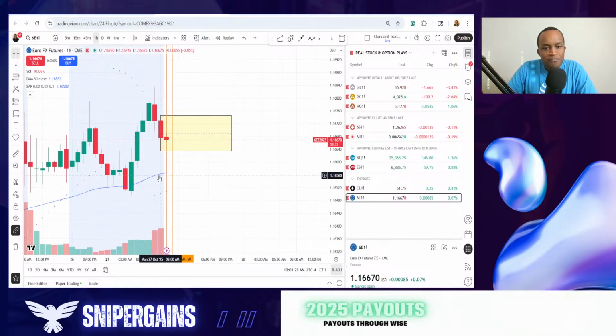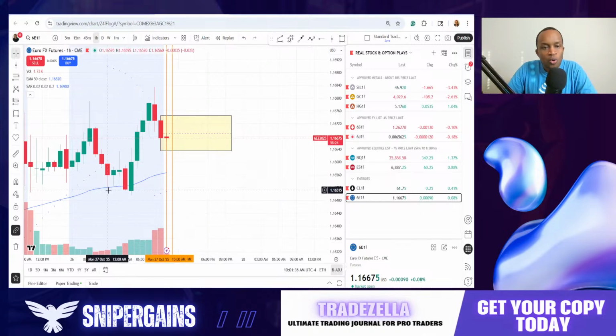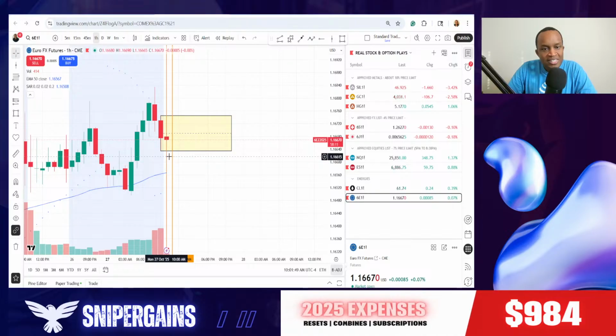We are above the 50 EMA, which, in my opinion, helps to gauge bullish directional bias. So I should be trying to go long rather than going short. Whenever these two are aligning, it tends to be a much better setup over a long series of trades. But at the moment, we're just having to wait and see if it will form a bullish fair value gap after sweeping the bottom of this 9 a.m. candle.